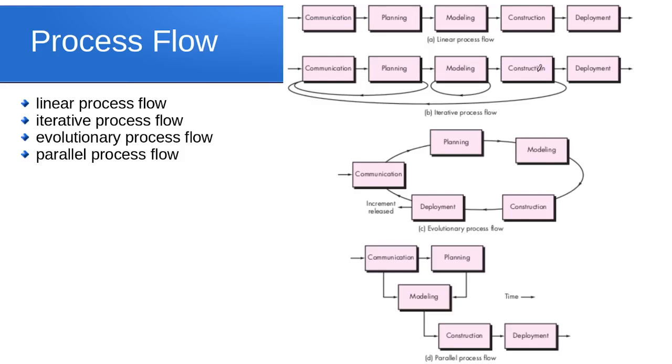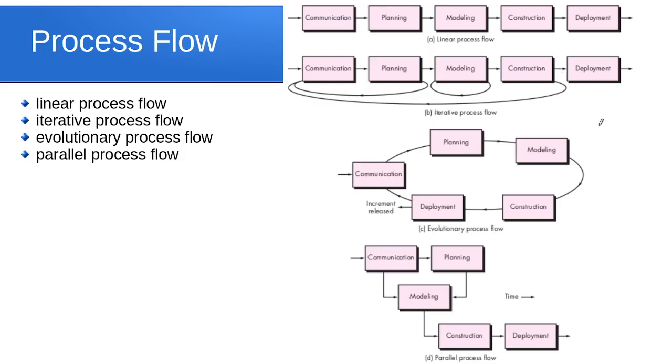Maybe after construction of the software, we found that there is a fault in the design phase. We can come back to the design phase. Here we realize that there is a fault in the communication phase. We went back to the communication. This is the kind of iteration that is possible in software development. We can call it an iterative process flow.